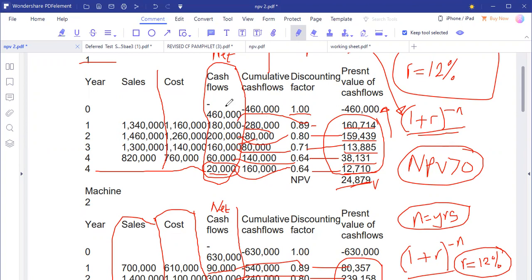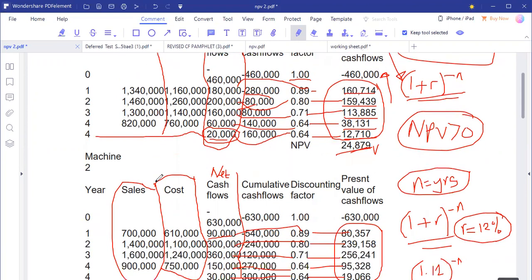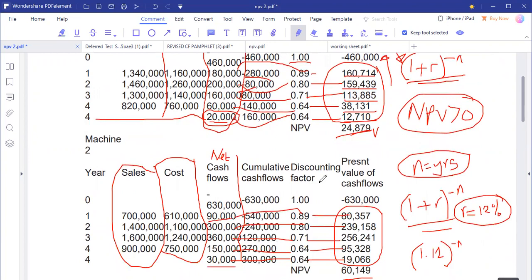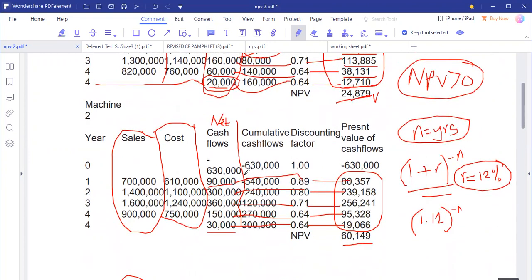So you use the net cash flows, multiply by the discount factor, and then you get the present value. For both of these machines, this is how it was done. Even here it is negative 630,000 plus 90,000, negative 540, plus 300,000, negative 240, plus 360,000, it gives us a positive 120. Is that clear?